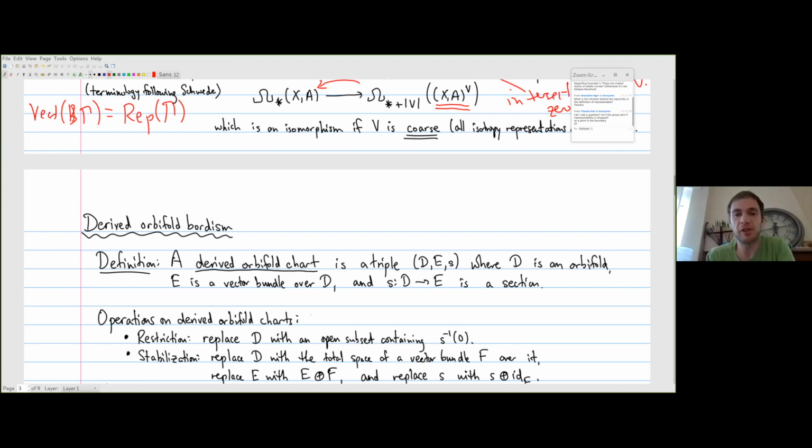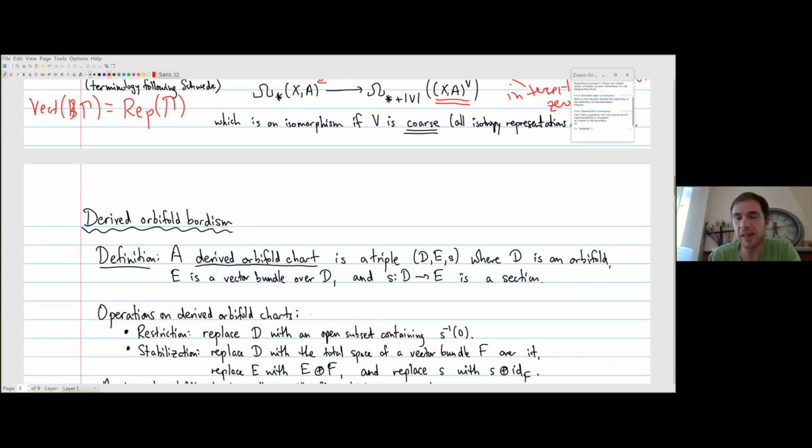So the natural thing to do is to also add F to the obstruction space E. And then the component of S mapping to F is now just the identity section. So you add F to both the base degrees of freedom in D and to the fiber requirements in the obstruction section. And so in the end, the zero set of S is unchanged.